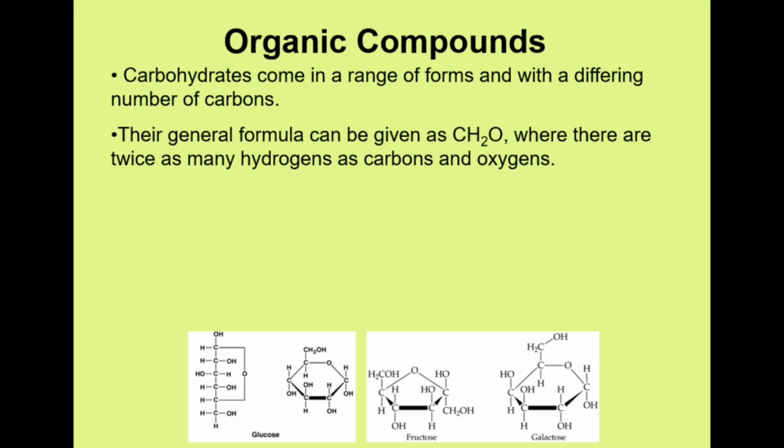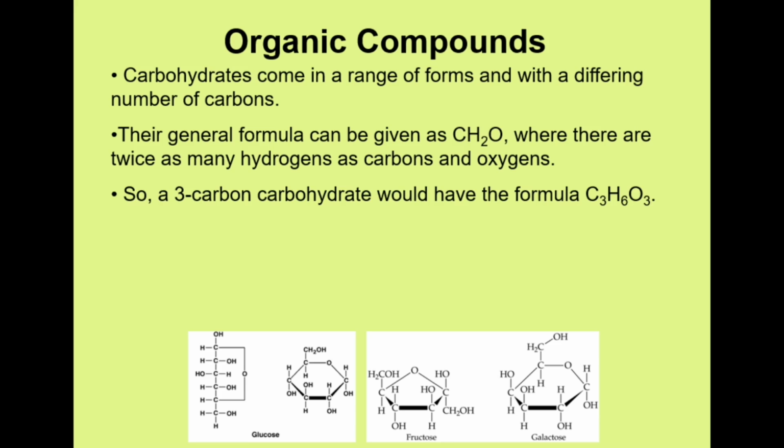What this means is there will always be, or typically there will be, twice as many hydrogens as there are carbons and oxygens. So in this instance, we've got CH2O, but if we were to have a 3-carbon carbohydrate, that would have the formula of C3H6O3.